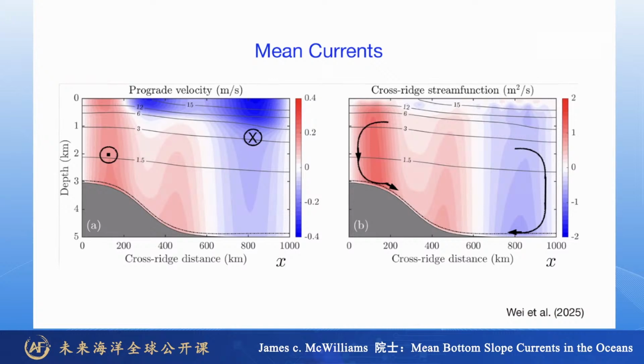You see the cross-ridge stream function on the right panel, and you see the predicted bottom boundary layer behavior of downhill flow over the topography. The dotted line is the bottom boundary layer on the mean. And so underneath the prograde flow, there is downward flow, which is then closed in the interior as this is a stream function.